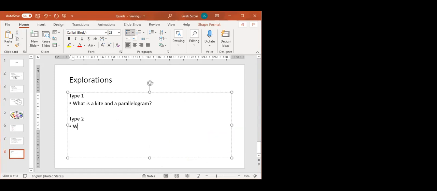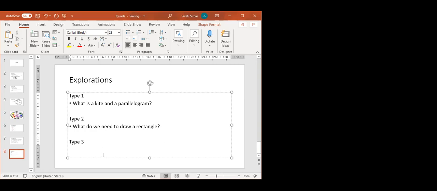So the second type will be, what do we need to draw a rectangle? See, to draw a square, you need either a one side or a diagonal. That's all you need. So what all do you need to draw a rectangle? What all do you need to draw a rhombus? And there will be multiple possibilities. So explore that, okay?